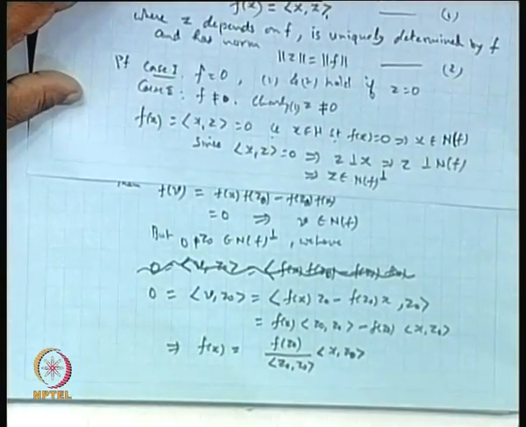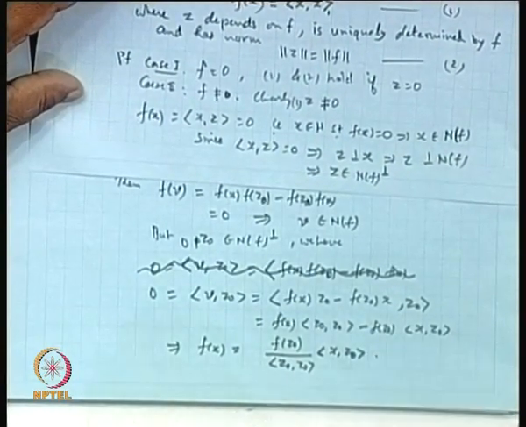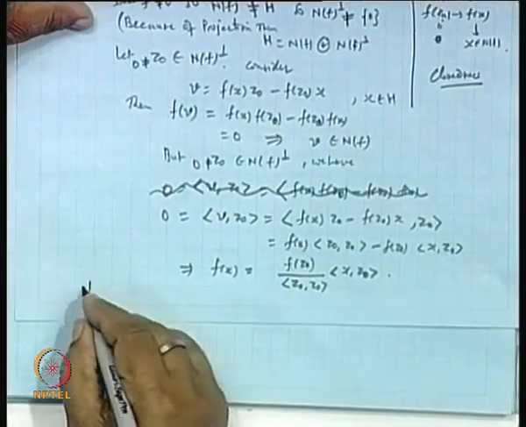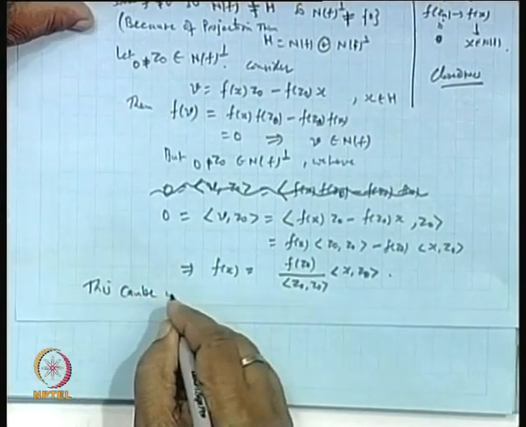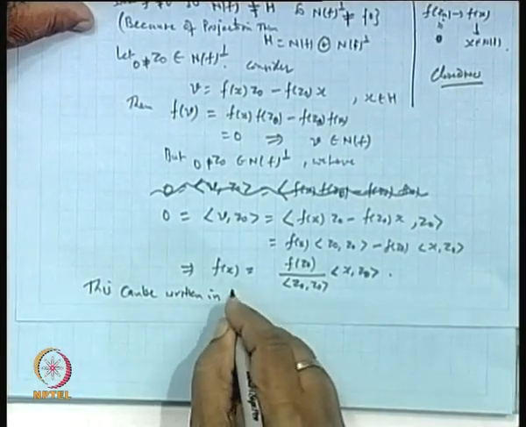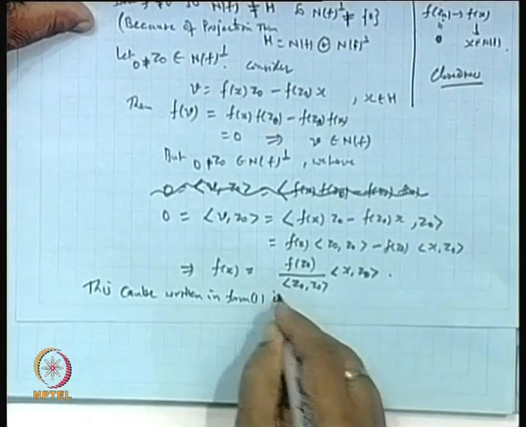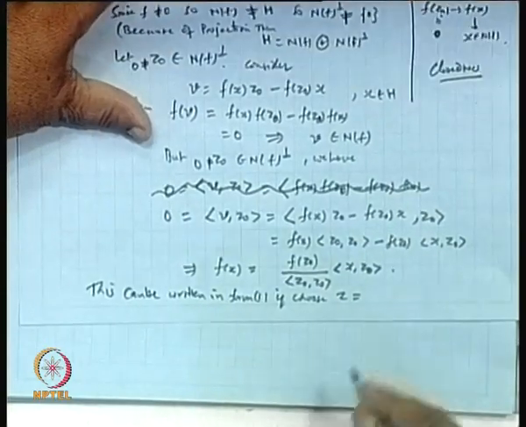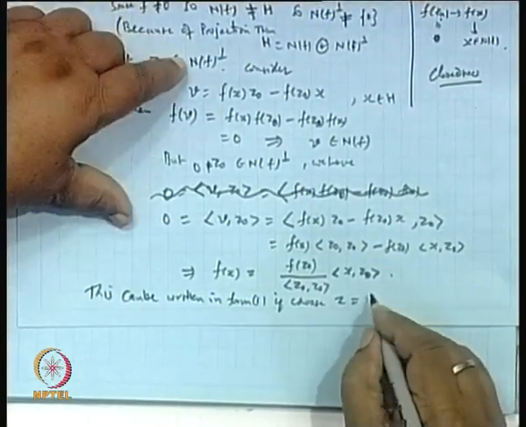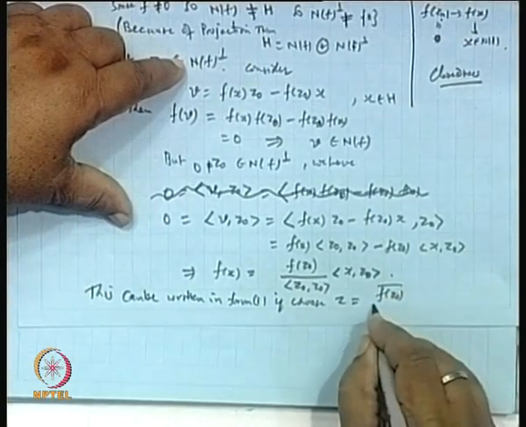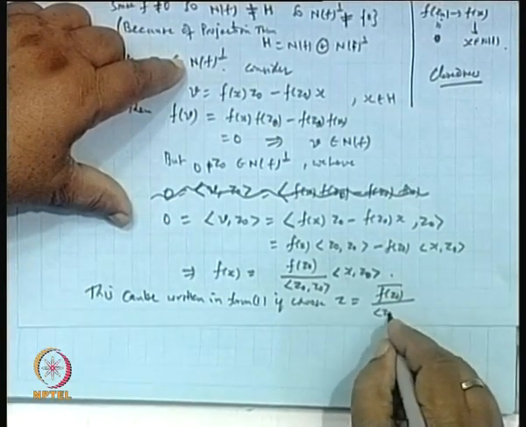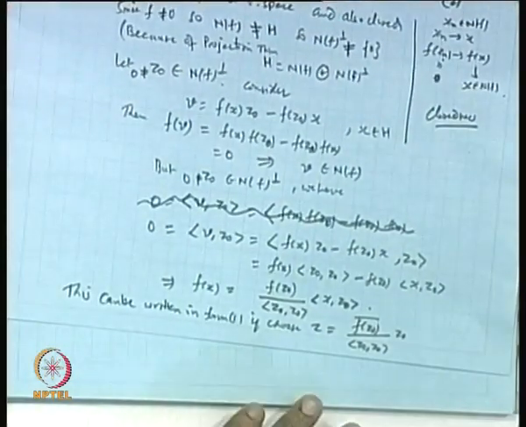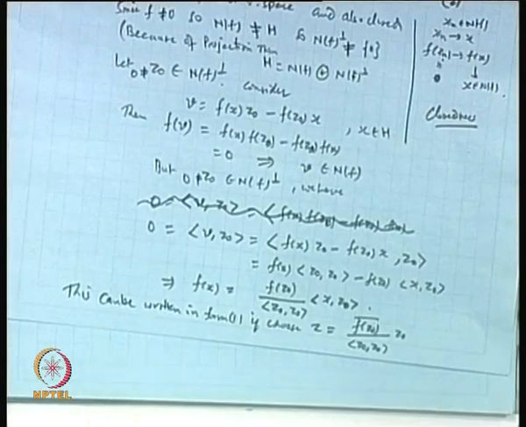This can be written in the form 1 if we choose z to be the conjugate of f(z0) over the inner product of z0 with z0. What it says is, for a given f we want z.